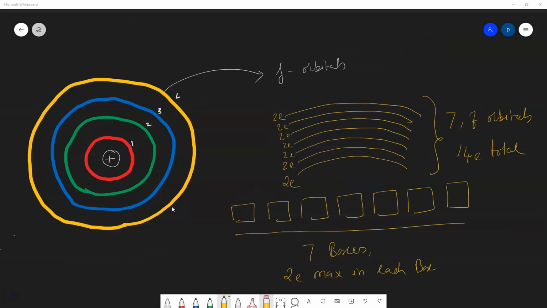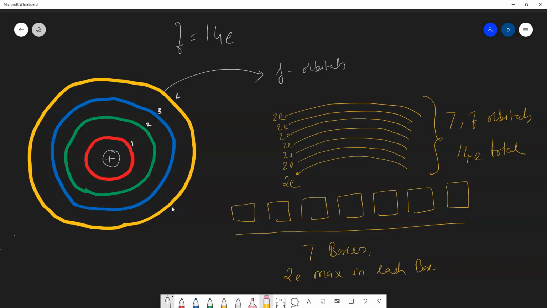Likewise, the scientists came to know that there are 7 orbitals in the f orbital. So it's not one single f orbital. There are 7, you can call them 7 f orbitals for the time being. Each orbital can have a maximum of 2 electrons. So altogether we know that in the f orbital there are 14 electrons maximum, made up of 2 electrons in each orbital.